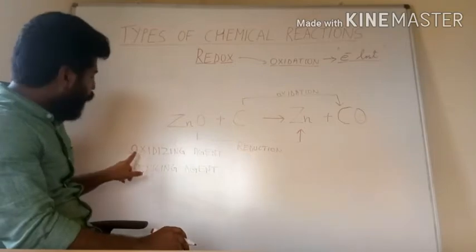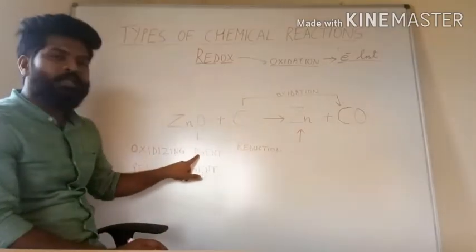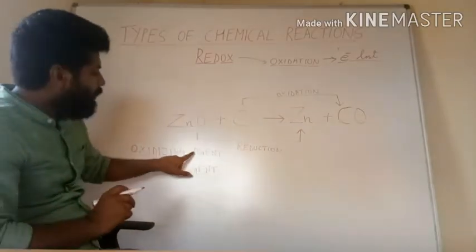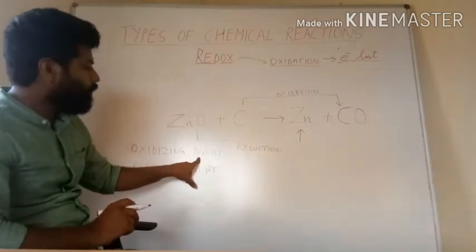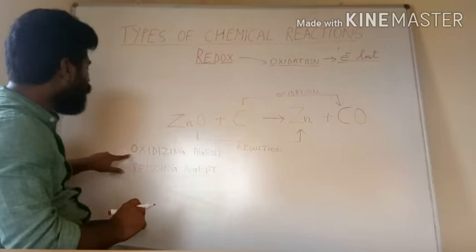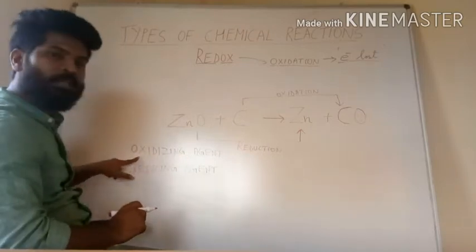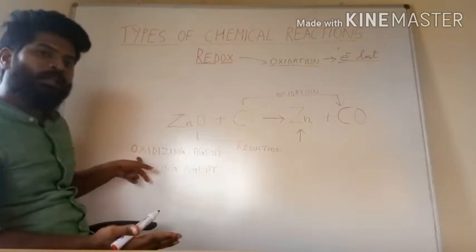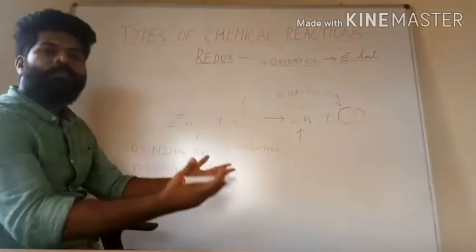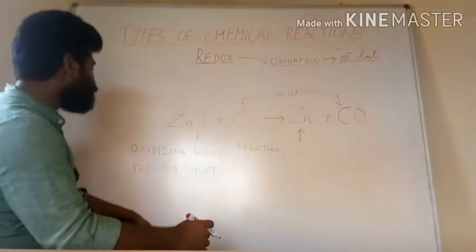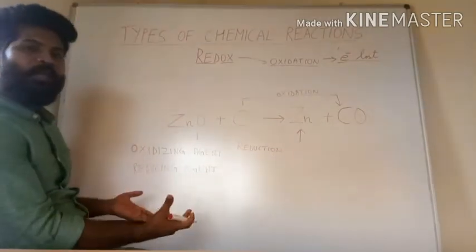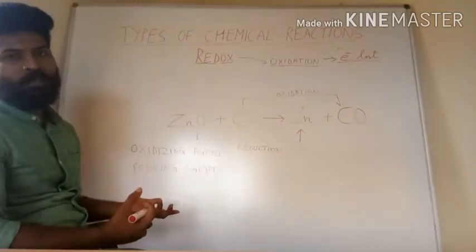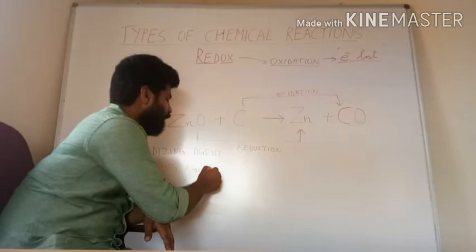Now, what do you mean by oxidizing agent? Very simple. Any substance or compound that provides oxygen is an oxidizing agent. It will provide oxygen for the reaction. The reducing agent is the one which will accept the oxygen.